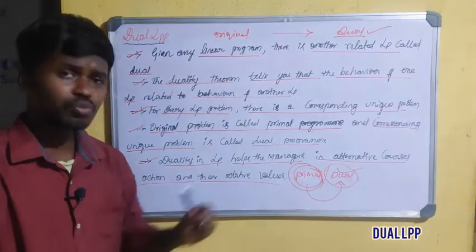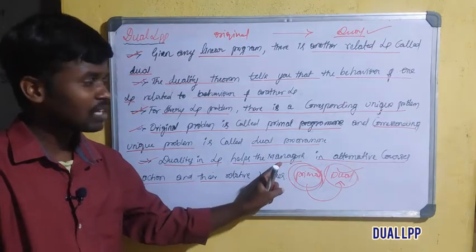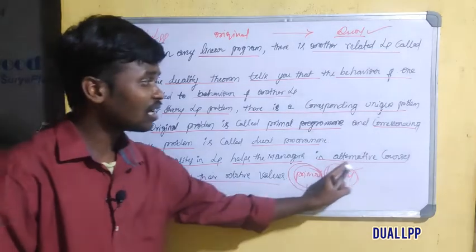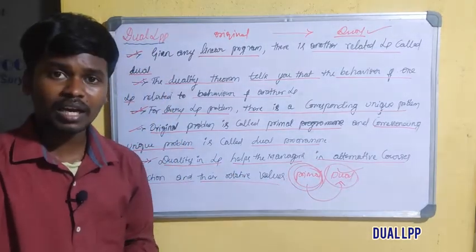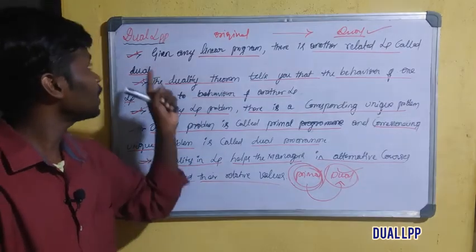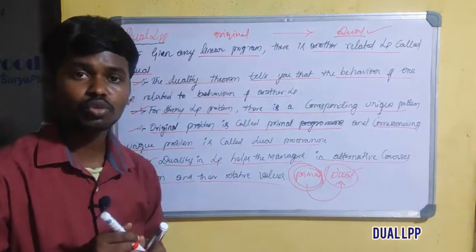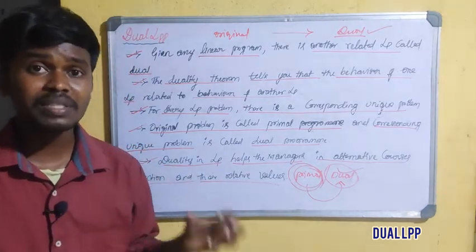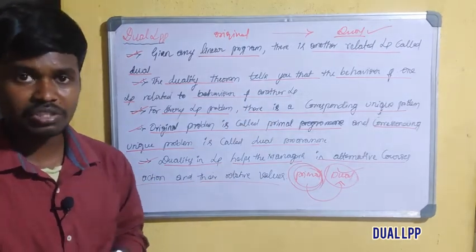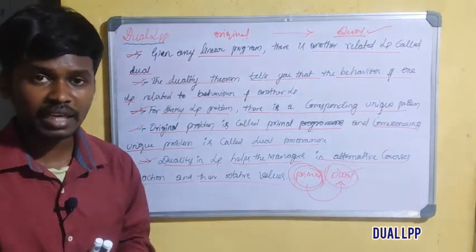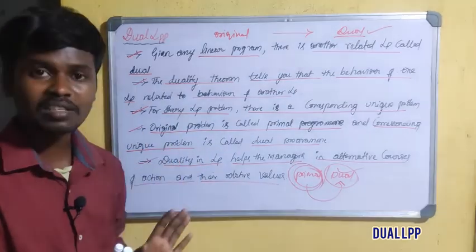So the dual linear programming helps the business organization to take the alternative best decisions among the various alternative functions or various factors. Okay, so this is the simple concept.